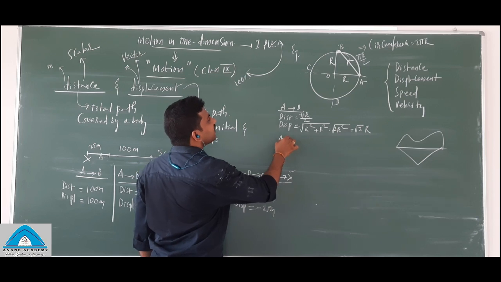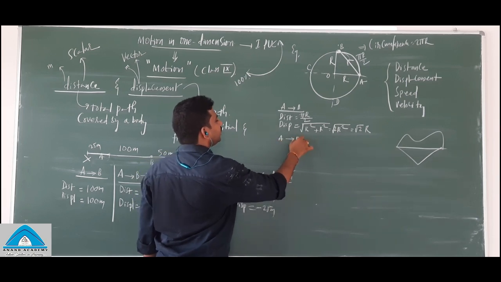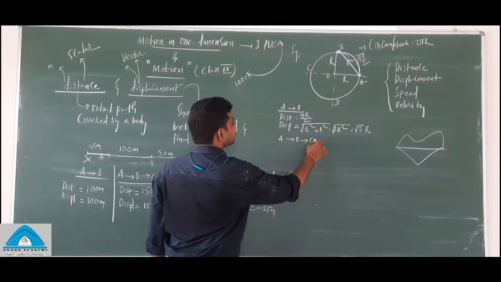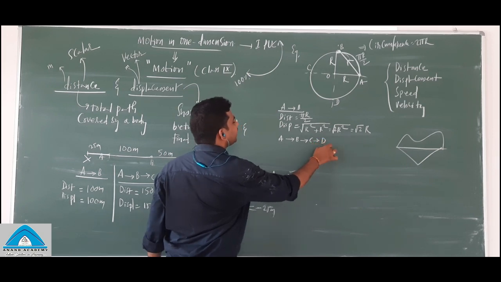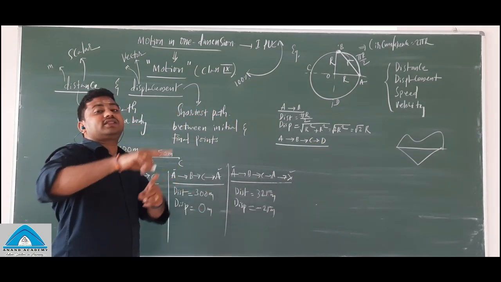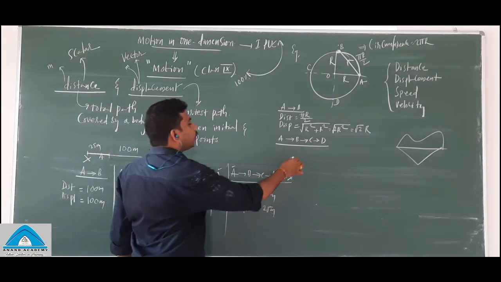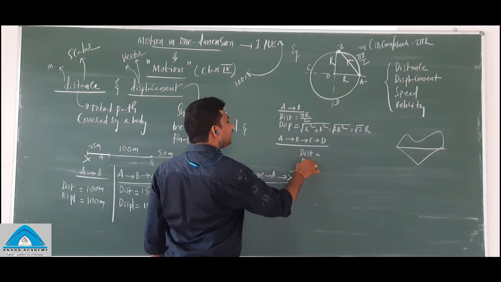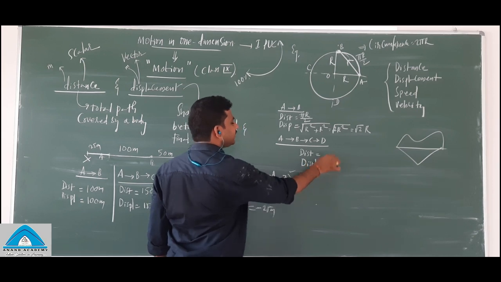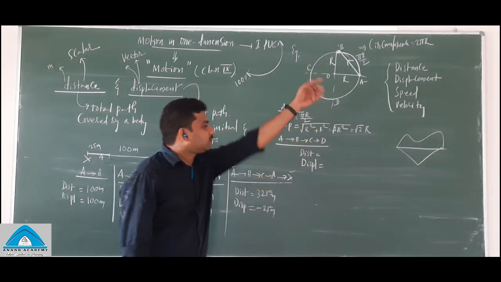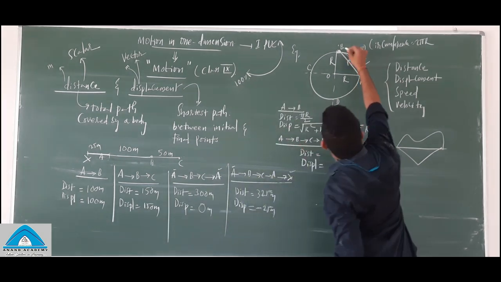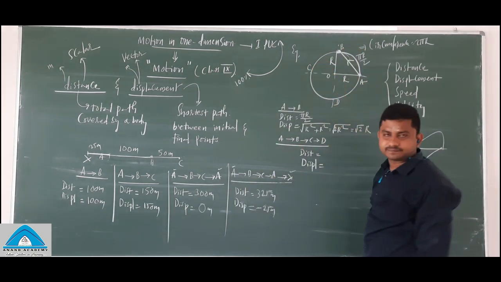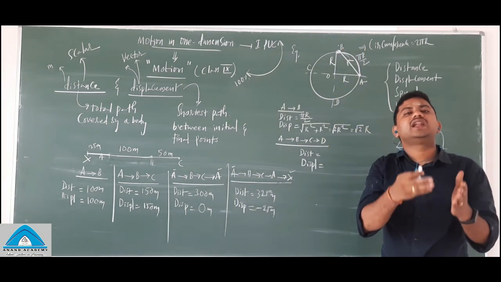So what is this? From A to B, B to C, and C to D. This is the path traveled by the body. What we are going to discuss is distance and displacement. How is the body moving? A to B, B to C, C to D. What is the path length traveled?